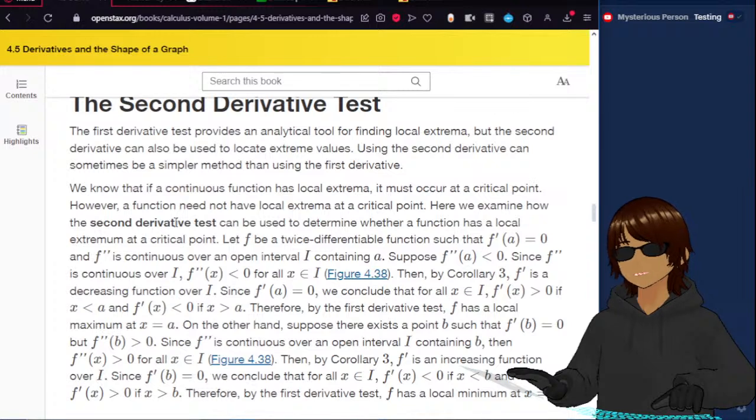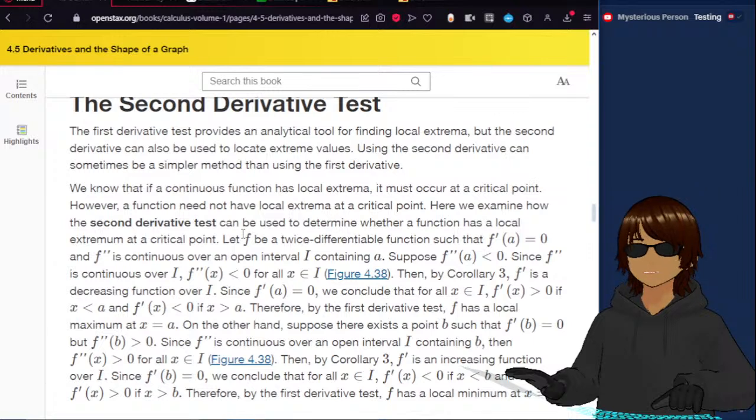We know that if a continuous function has a local extremum, it must occur at a critical point. However, a function need not have a local extremum at a critical point. Here we examine how the second derivative test can be used to determine whether a function has a local extremum at a critical point.